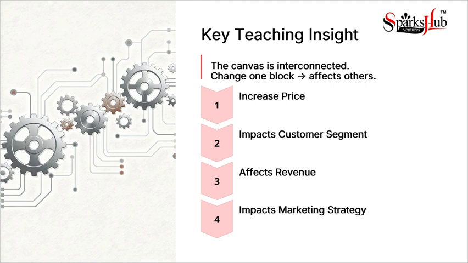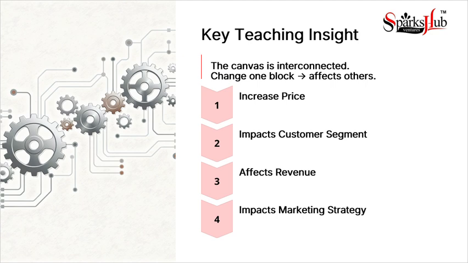So, when you're explaining to your SME client, explain that the canvas is interconnected. The moment there is a change in one block, it affects the others. Like where there is an increase in price, it will impact the customer segment, it will affect revenue because you're either losing more customers due to affordability issues and then sales may drop, which affects the revenue.